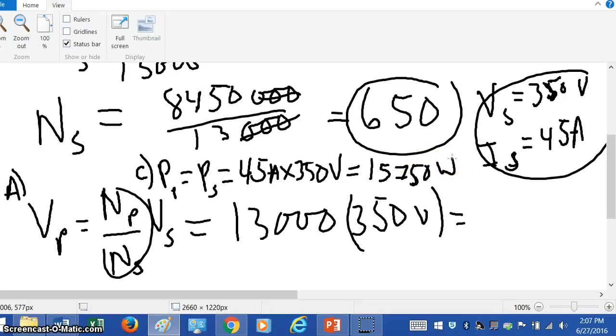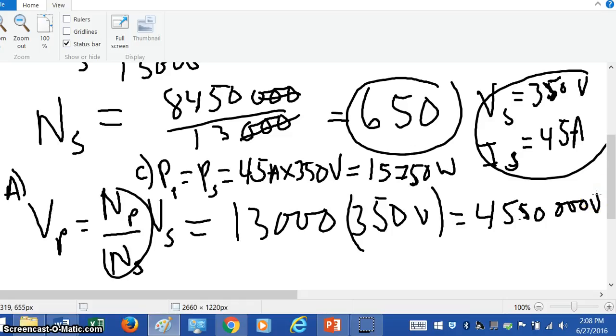So that actually answers part C. So 13,000 times 350 will give us the voltage in the primary. Notice this is a huge amount of voltage. It's going to be 4,550,000 volts.